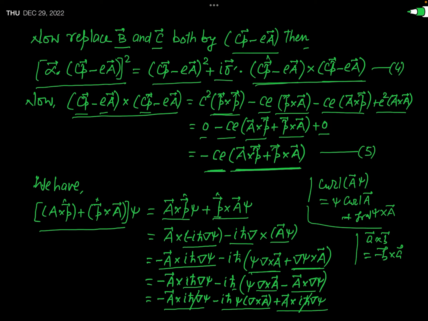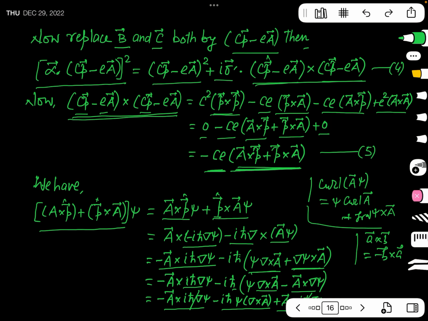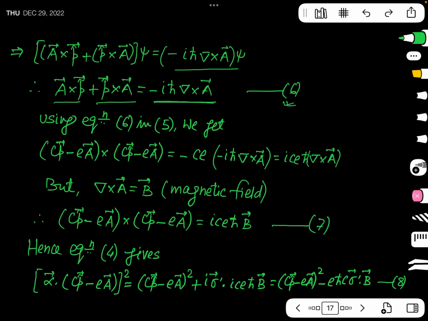Okay. So you can see the LHS of equation number 5, and we have obtained the meaning of this operator A cross P plus P cross A. So let us substitute it.